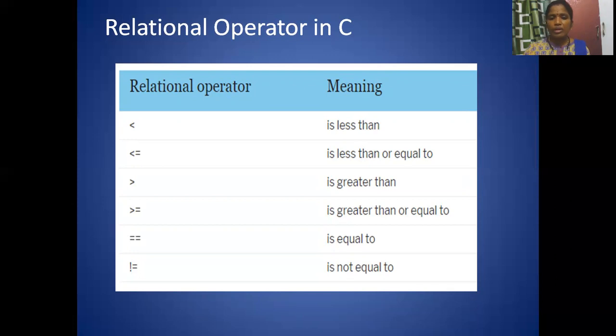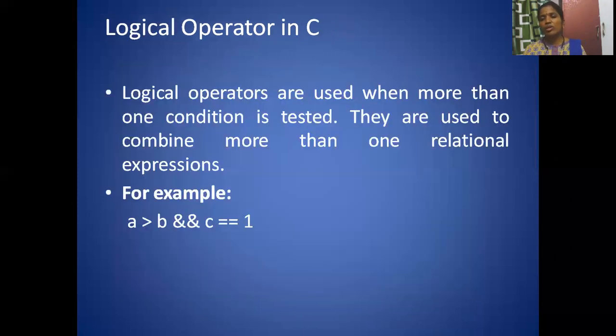Okay, let's move further. Next operator is logical operators. As the name indicates, it's a logical thing. From school days, we have learnt AND, OR, NOT. Hope you all remember.